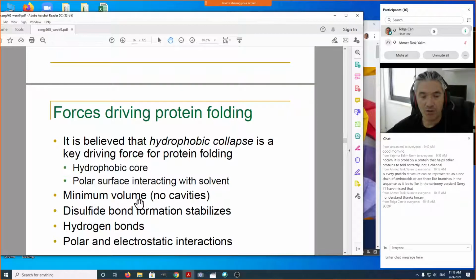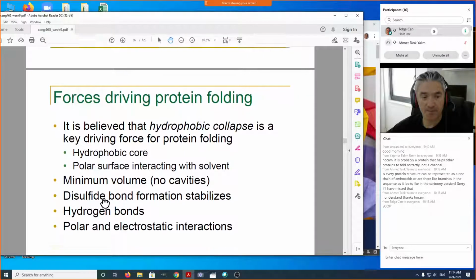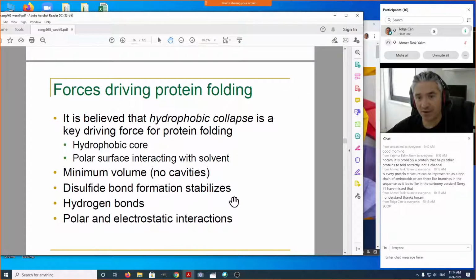Also, cavities are mostly minimized inside the protein structure. There may still be some cavities, but the volume is kept to a minimum. Then there are disulfide bonds. For example, cysteine amino acids contain sulfur, and two different sulfurs form a disulfide bond, which is really strong and stabilizes the protein structure.